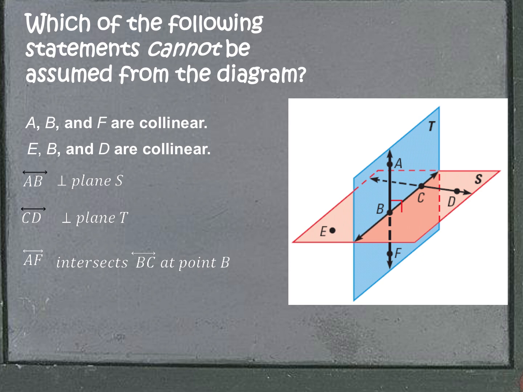So look at these for a second, and who could tell me which one can we not assume? Logan? Good. So looking at it, first let's look at ABF. Is ABF collinear? Yes. Is EBD collinear? No. So I'm going to go ahead and write no. How can I tell that it's not collinear?